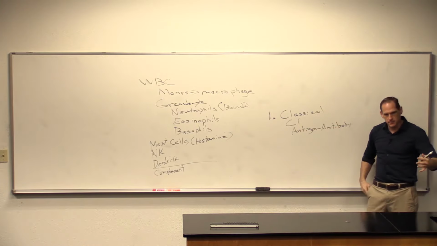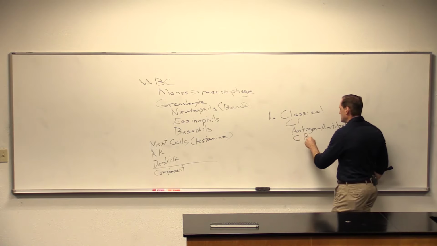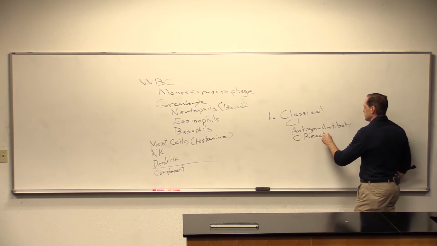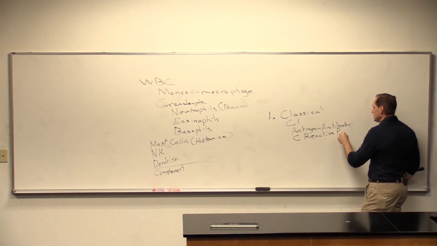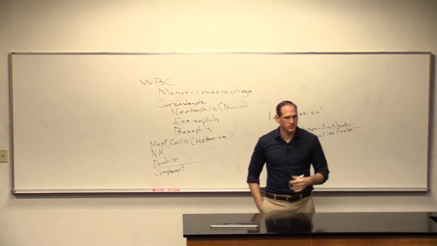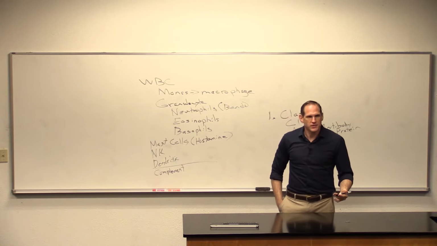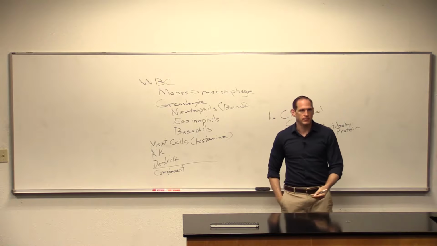The second thing it can bind to is something that is called C-reactive protein, also known as CRP for short. Now, what is the major source of proteins in your body? A major factory of proteins? It's your liver. So where does C-reactive protein come from?